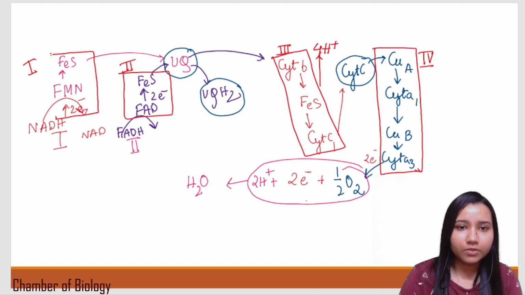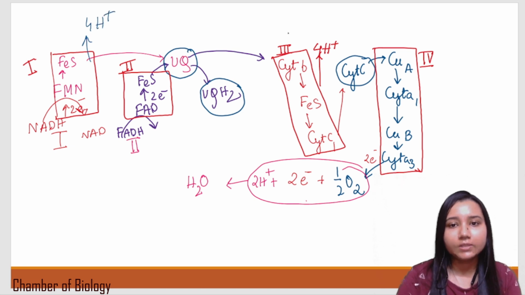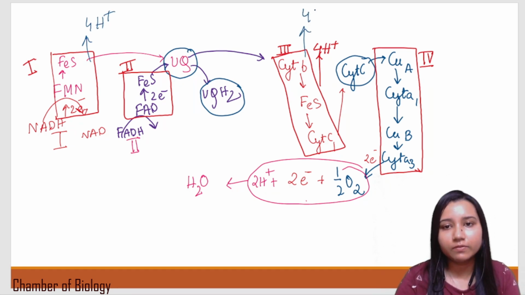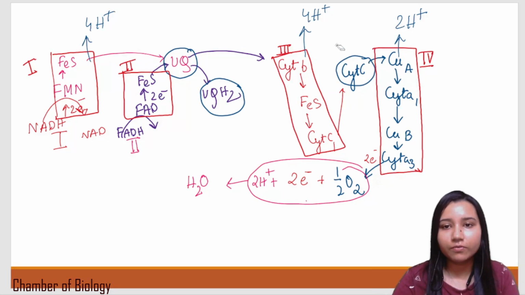We will see which complexes are going to give us the protons. Complex 1 is going to give 4H plus, complex 3 is going to give us 4H plus, and complex 2 is going to give us 2H plus. I hope now it is clear for all of you.